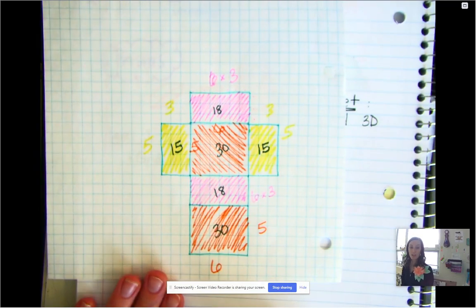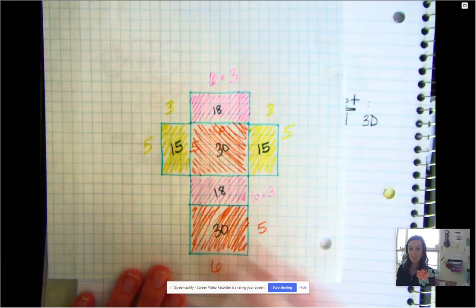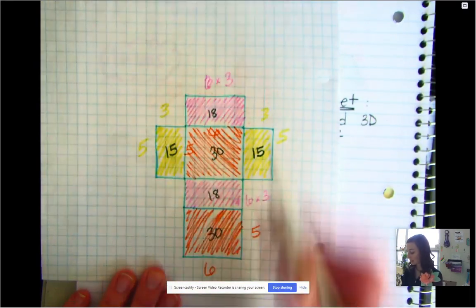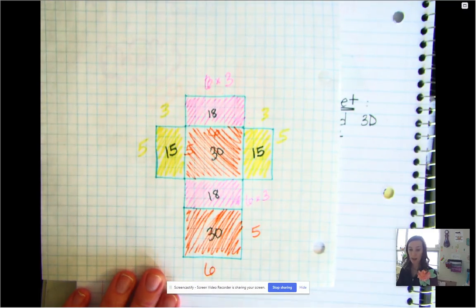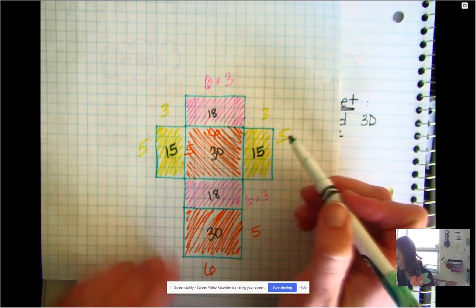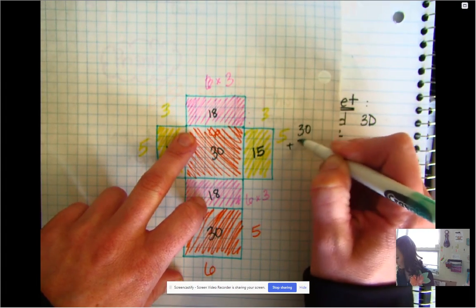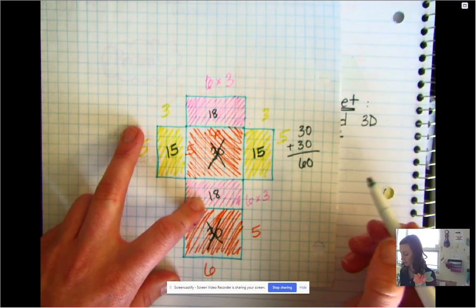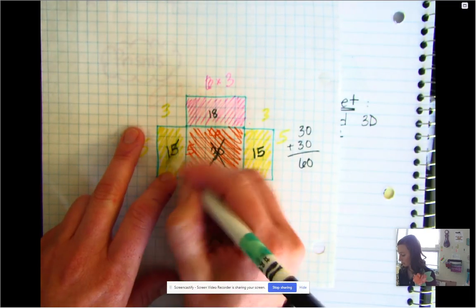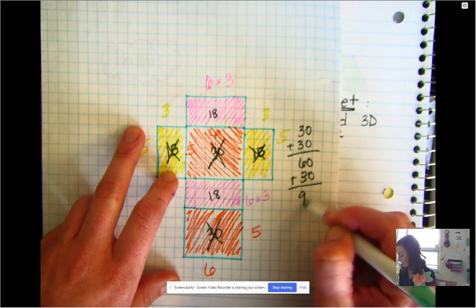Now to find the surface area of the whole thing, if I wanted to paint the whole thing, I have to add these numbers up because all of this is part of the surface area, whether it's on the top, the bottom, the bases. So I know 30 and 30 is 60. I'm going to cross those out so I remember I've taken care of them. 15 and 15 makes 30. 30 plus 60 is 90.